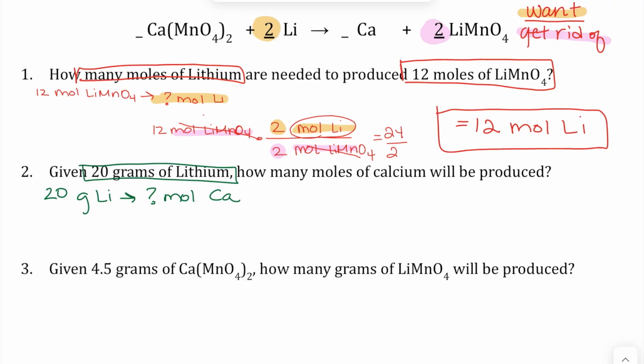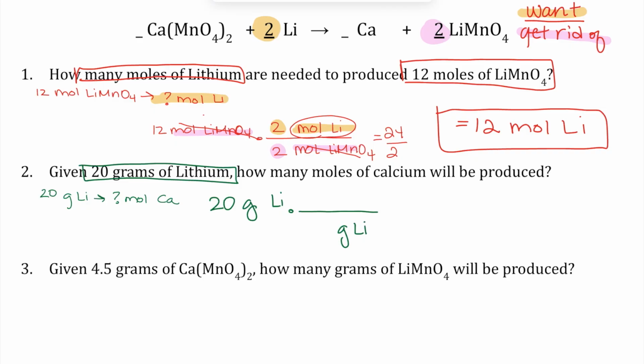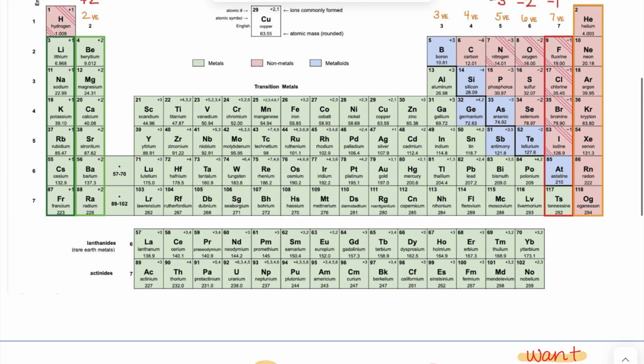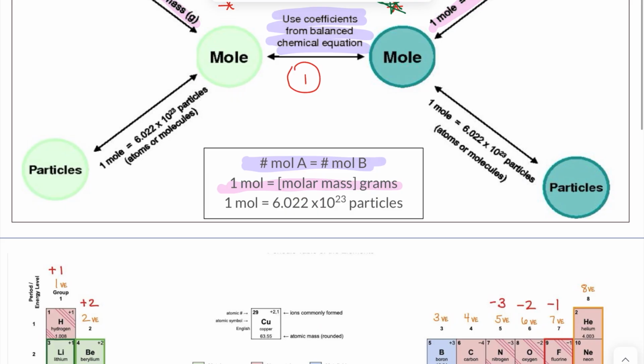Now I'm going to go through and do my setup, trying to get rid of my current units. So I have 20 grams of lithium. I want to get rid of grams of lithium. Well, what do I know about grams of lithium? My conversion factor here, I have my 1 mole is molar mass.